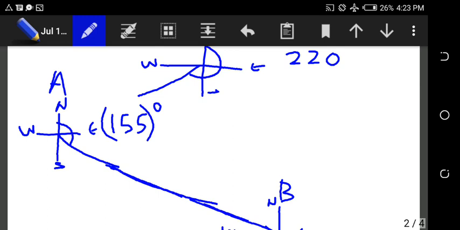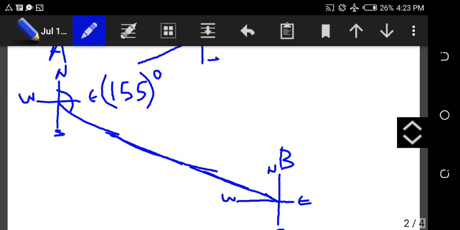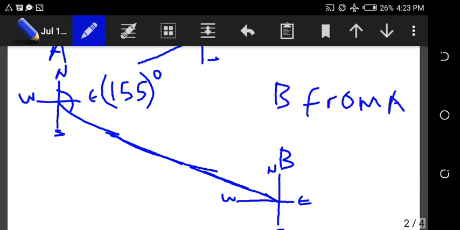So when you want to talk about the bearing of point B from A, the bearing of B from A is 155 degrees.